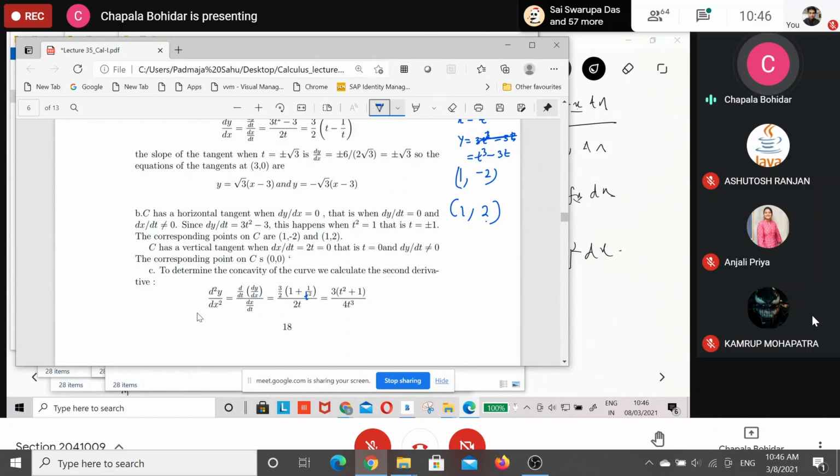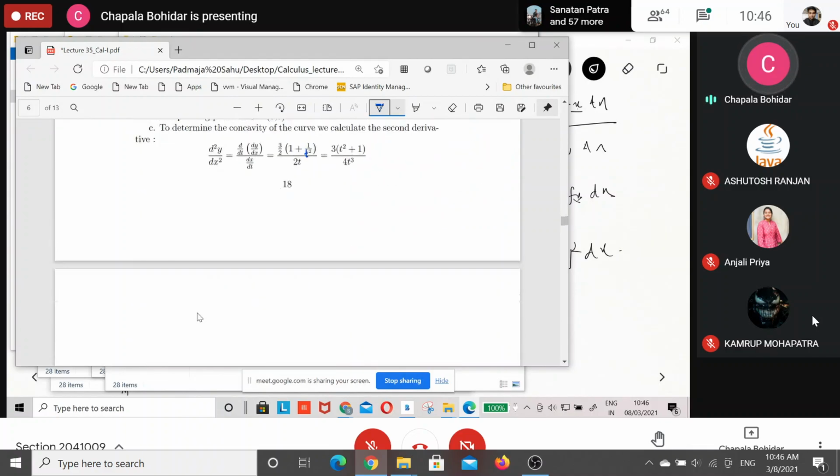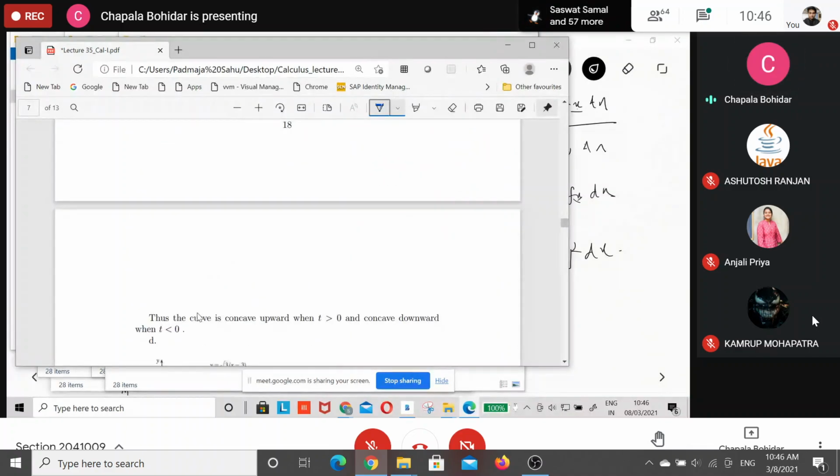That is our value here. It is concave upward when t > 0, and downward when t < 0. Simply write this down. And the last part is to sketch the curve.